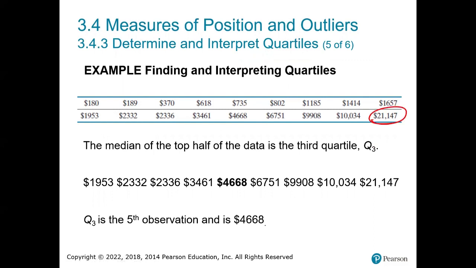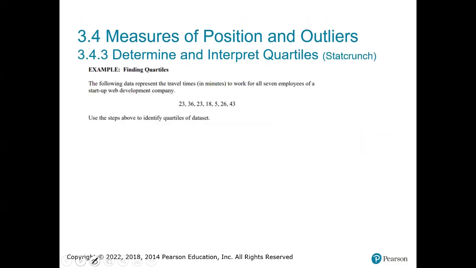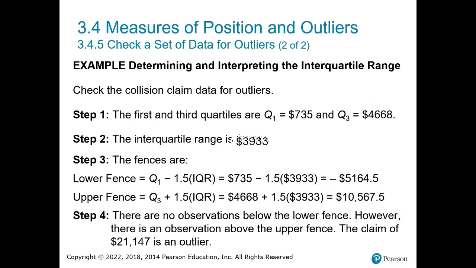This value is outside the scope of my model. This value is an outlier because it is well above the upper fence that I calculated of $10,567.50. Those calculations are here on the last slide as well. There are no observations below the lower fence. However, there is an observation above the upper fence, and that 21,147 is going to be an outlier.